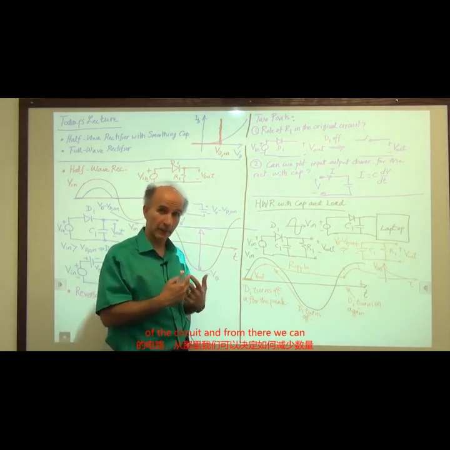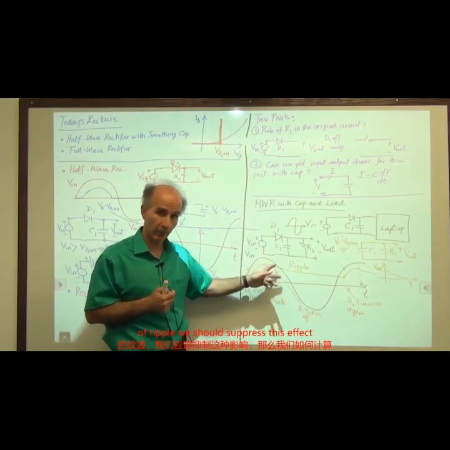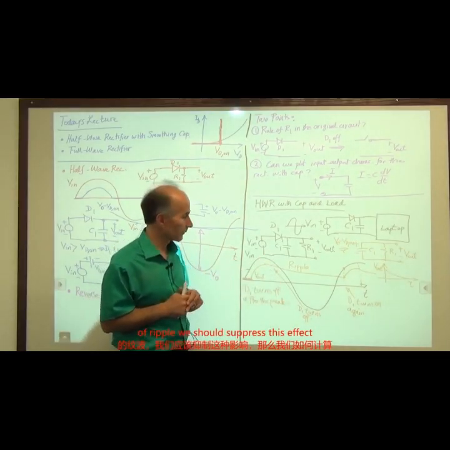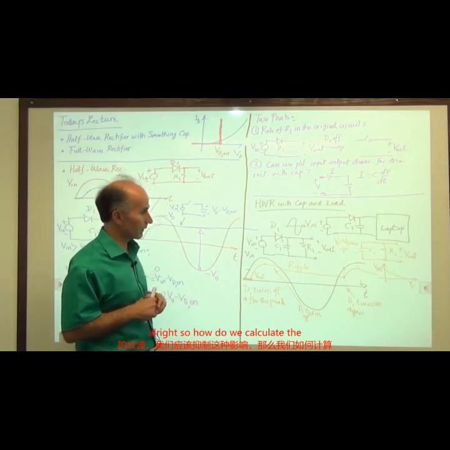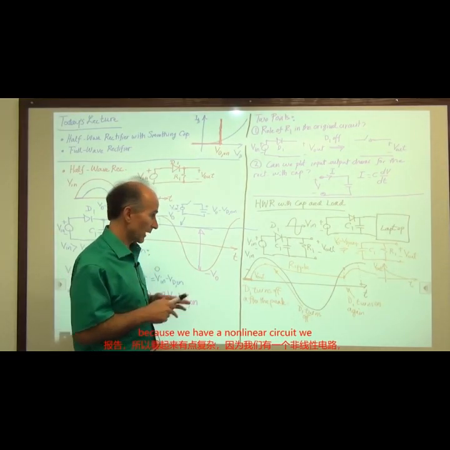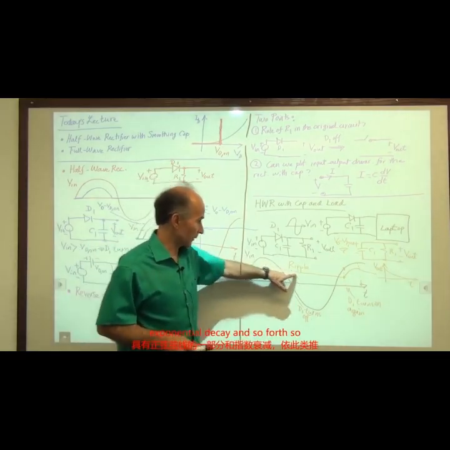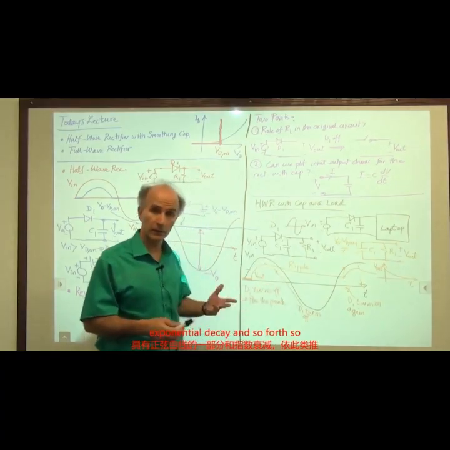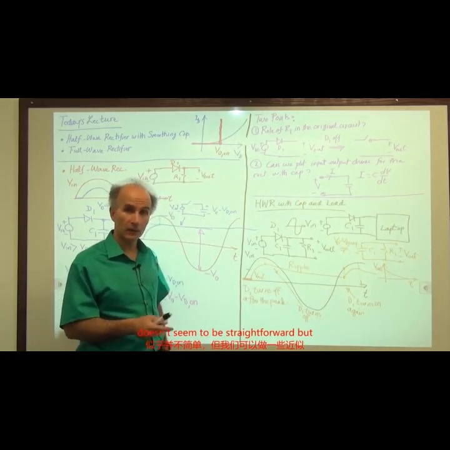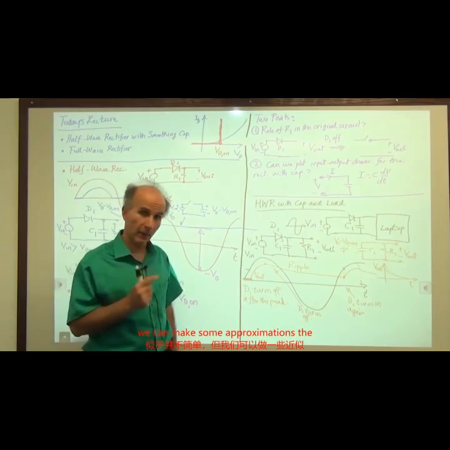And from there, we can decide how we should reduce the amount of ripple, how we should suppress this effect. All right, so how do we calculate the ripple? It looks a little complicated because we have a nonlinear circuit, we have part of a sinusoid, then an exponential decay, and so forth. So it doesn't seem to be straightforward, but we can make some approximations.